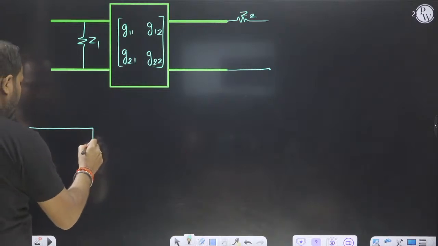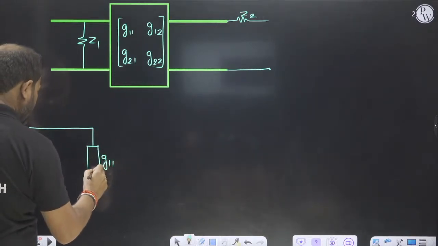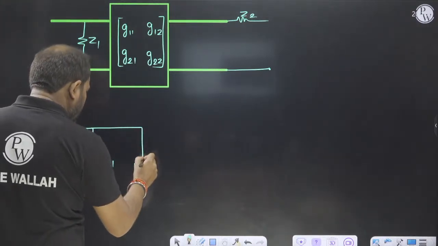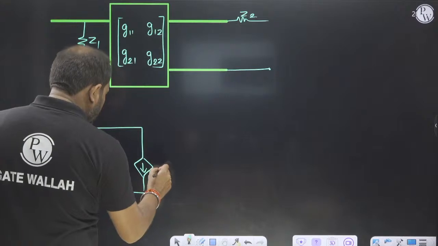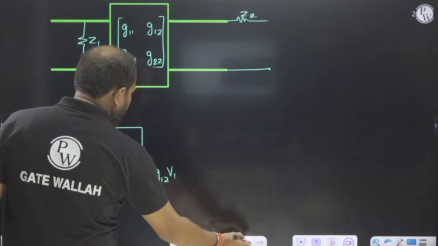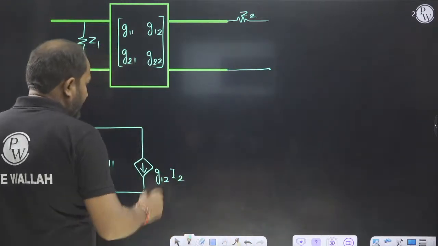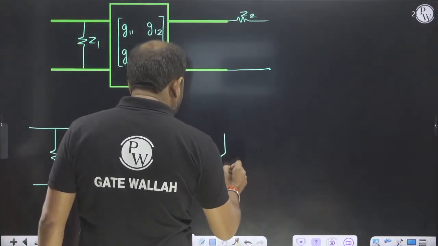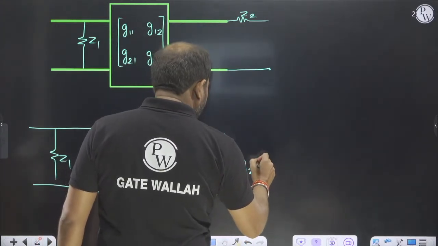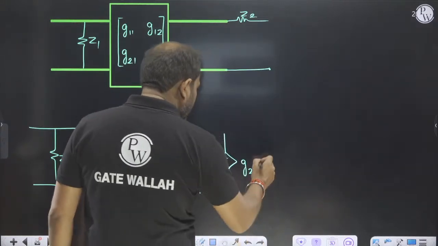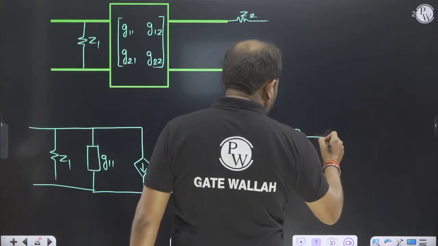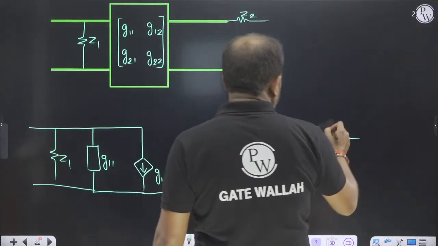They are in parallel condition, G11 and Z1, and current source G12 V1, current I2, and this is the voltage source G21 V2, V1 and G22, and this one is Z2.